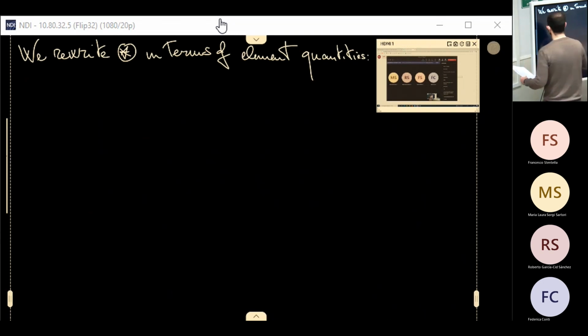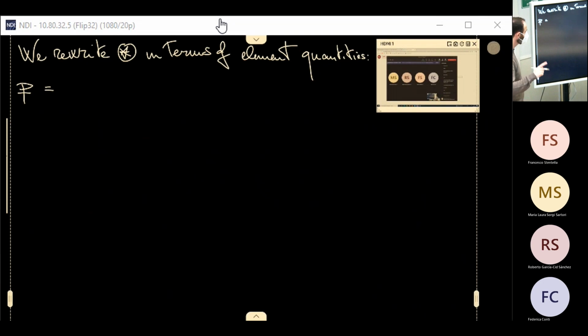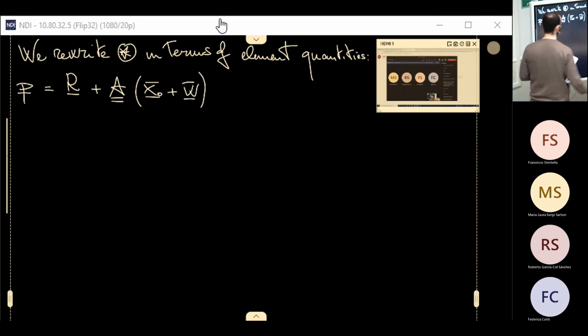And so this becomes P, of course, P stays P, because we always want to derive the position of a point within the element with respect to the inertial frame, because we are always dealing with the absolute nodal formulation. And also R. But this becomes A operating on X0 over bar plus W over bar.